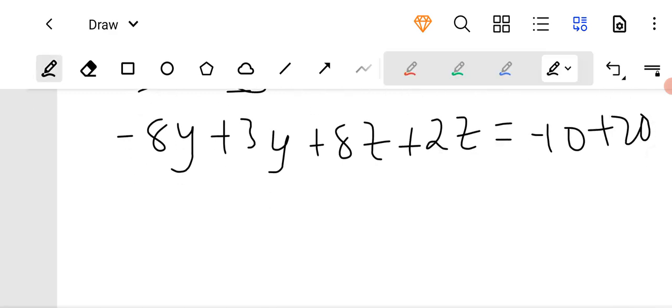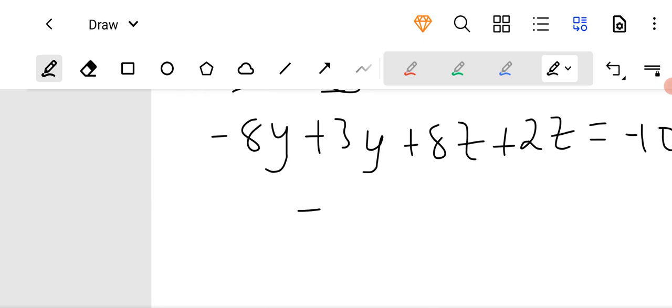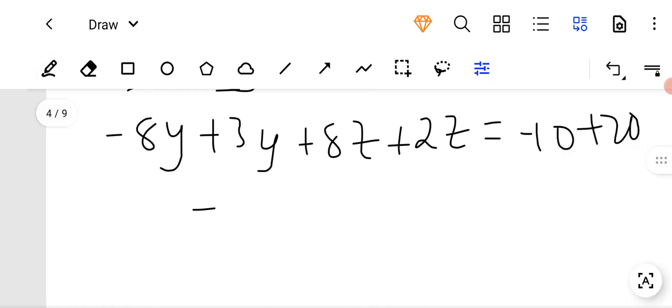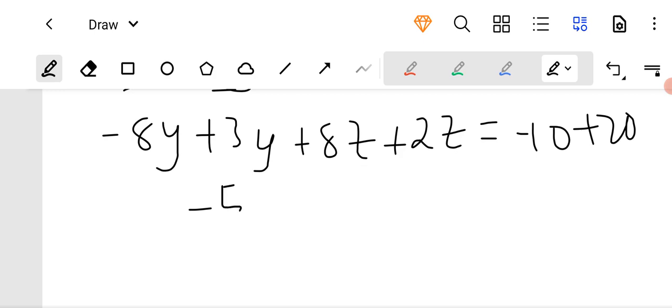If we do our algebra properly, we're going to have, not negative 7, pardon me, negative 5y plus 10z is equal to positive 10.